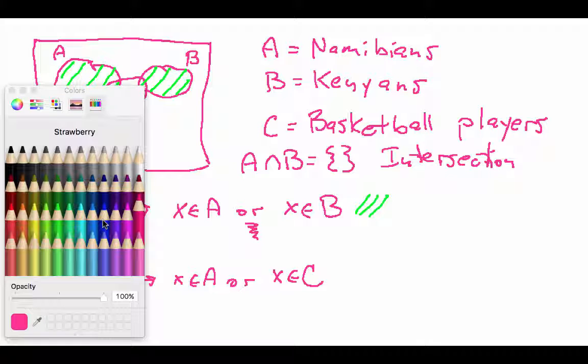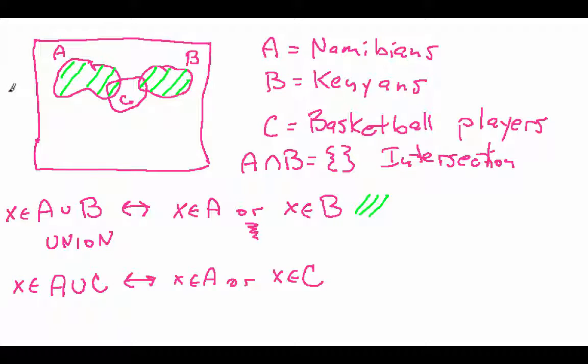How about blue? There we go. Okay, so if X is in A union C, it's either in here or it's in here. So it could be here. And it looks like that.